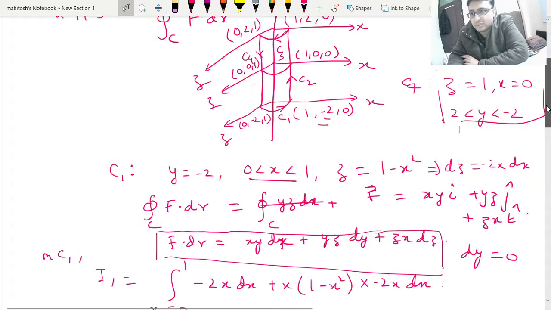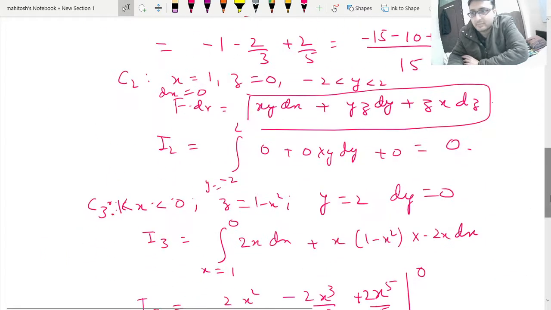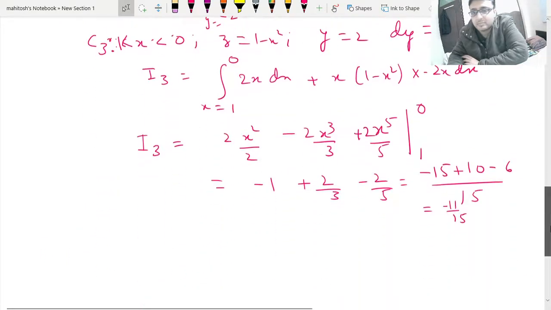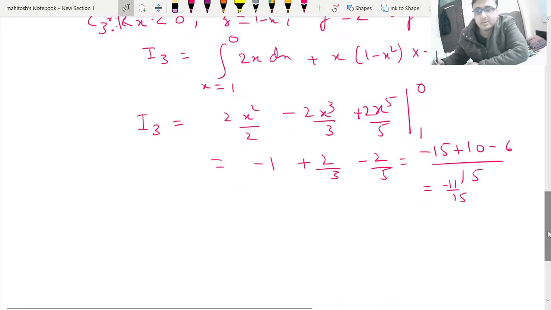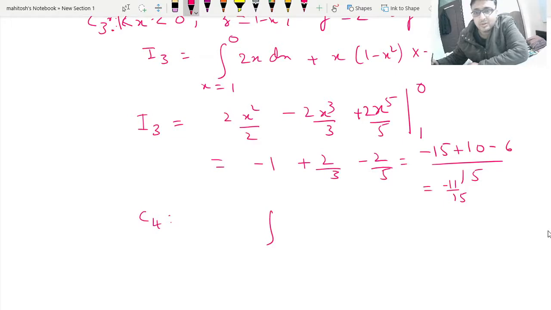So we can check this one. C4. So here it is 2 to minus 2 and Y Z. Z is your 0. So what we get? I4 is equal to 0.